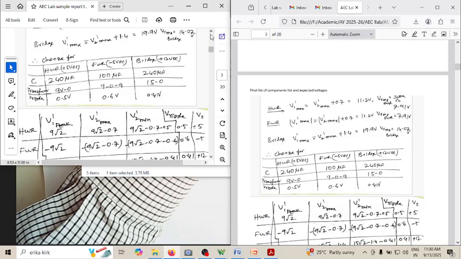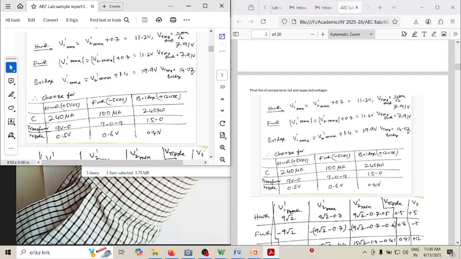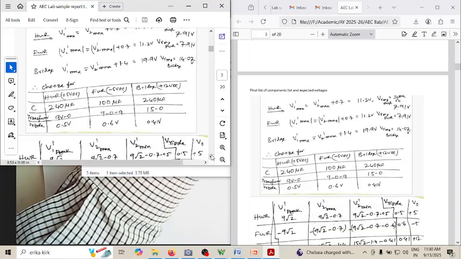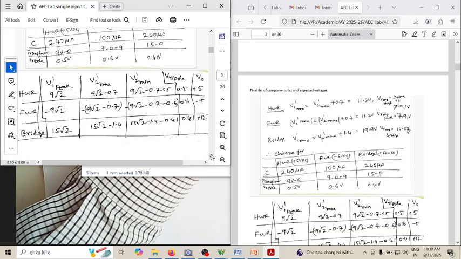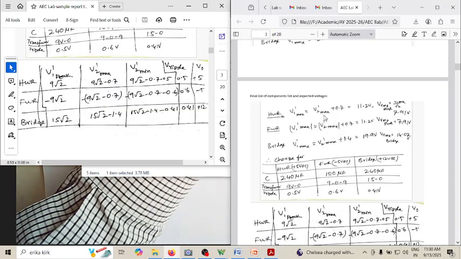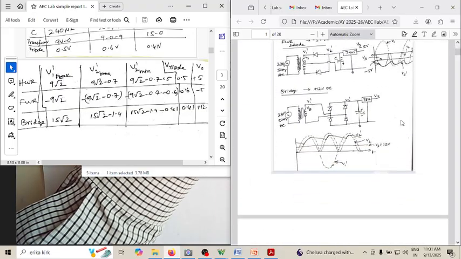These are the ripple voltages we have calculated using these values of C, the corresponding value of R, and these RMS voltages. So this is what we're getting: 0.5, 0.6, 0.41. Because when we started, we assumed all of them have a 0.5 ripple voltage. This was our assumption.